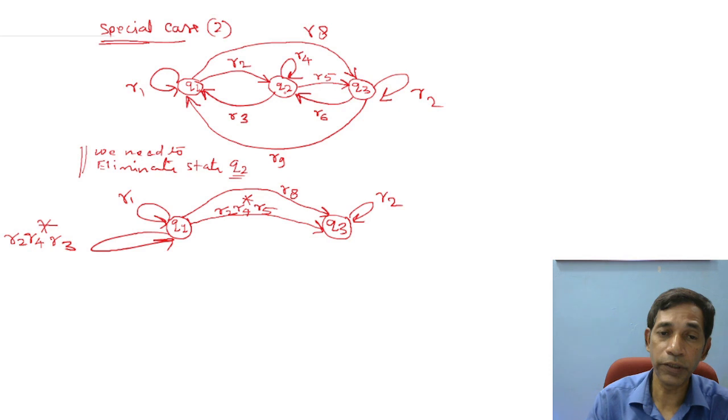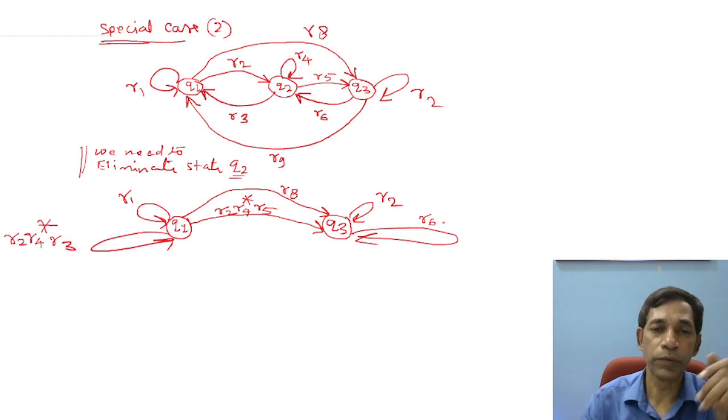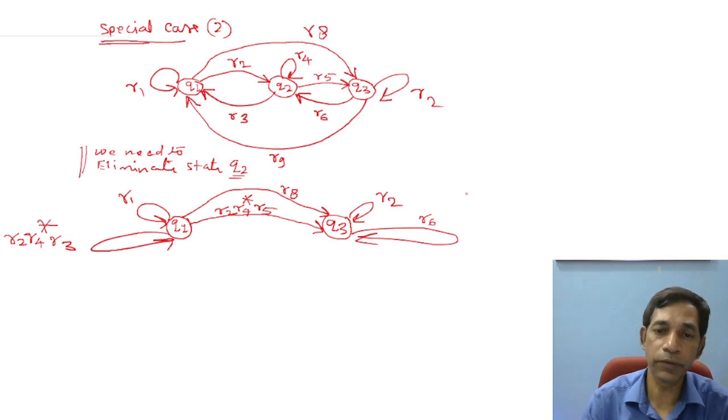So you go to the state Q2 for R6, then from Q2 you have the loop for the regular expression R4, then one outgoing edge again comes back to the state Q3. So this is also the kind of loop you have. What is this? You are at Q3 and you are going to the state Q2 for the regular expression R6. Then you are at the state Q2 and you have the regular expression R4. So you can make the Kleene star.